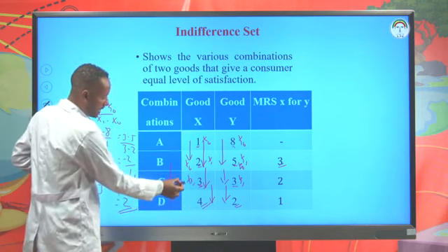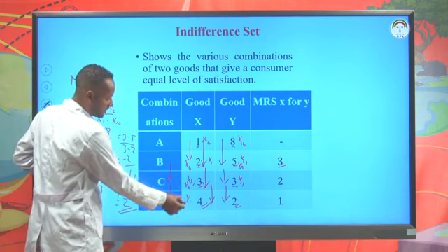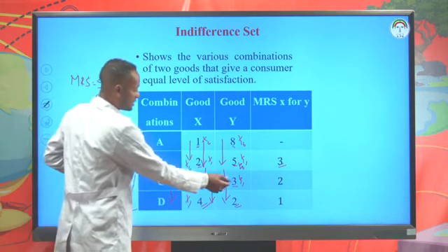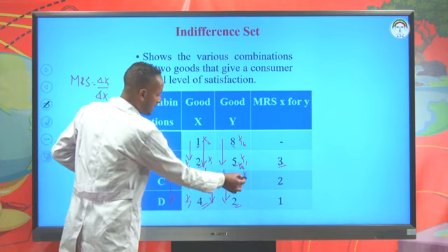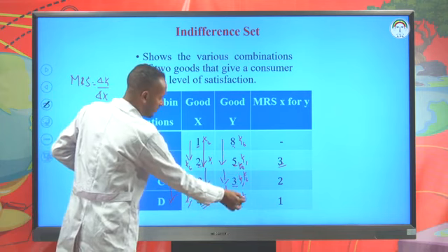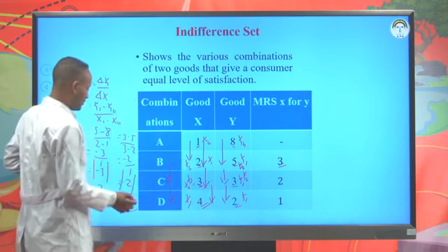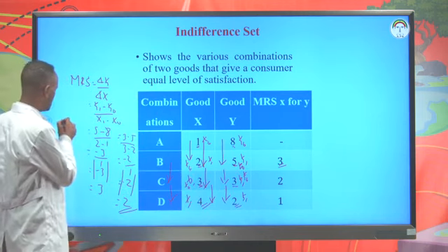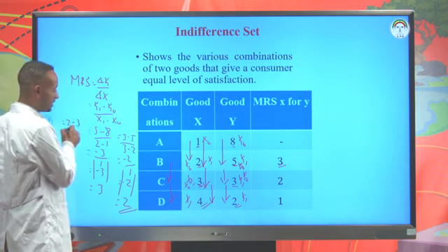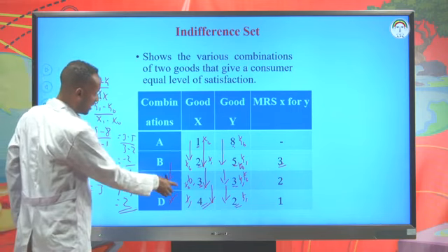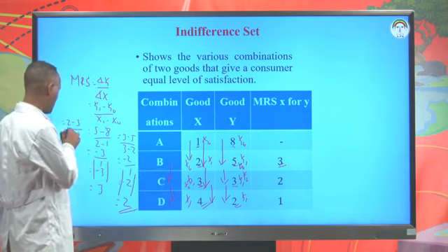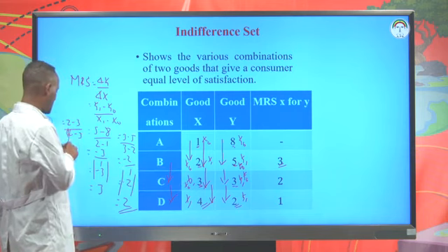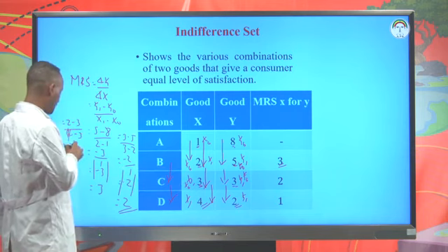Let's take this 3 as X initial and this 4 as X final, and let's take this 3 as Y initial and this 2 as Y final. Then when we substitute this information into the formula, the value of Y final is 2 minus Y initial, 3, divided by the value of X final, 4, minus X initial, 3, and this is minus 1 divided by 1, and this is minus 1.